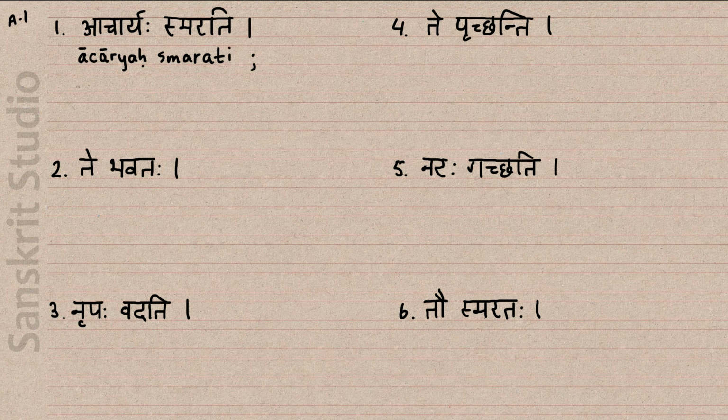So there is a teacher, and he remembers. And so this is our ESWO line, or English Sanskrit word order. Okay, and then in English it will be the teacher remembers.